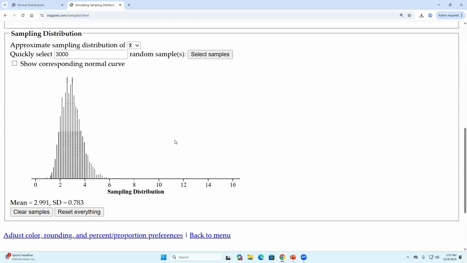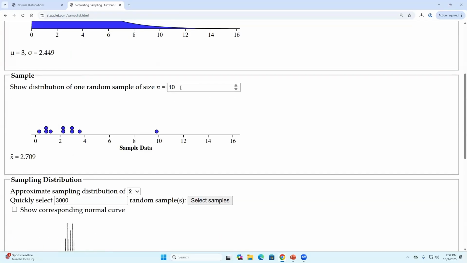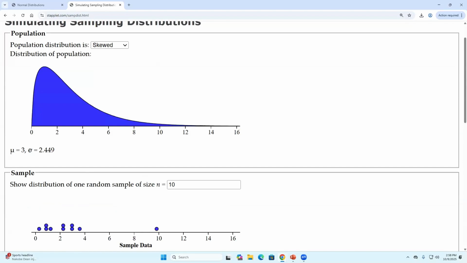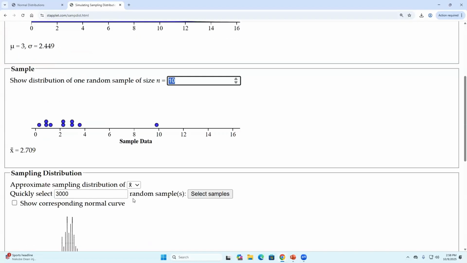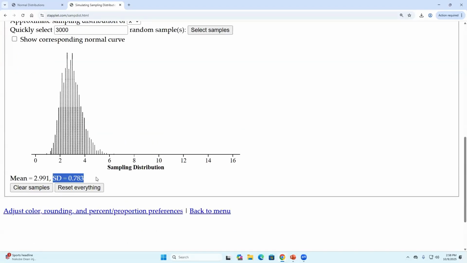So we did this with a sample size of 10. And this value right here, 2.499, if we took that and divided it by the square root of 10, we would get something very close to 0.783.